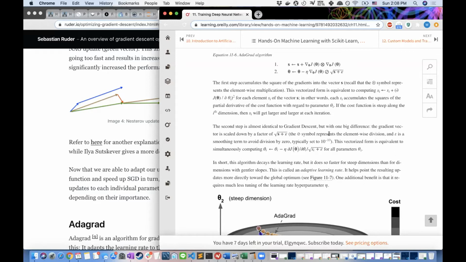I think the best way to do it is to ignore those equations and look at the one in italics where he does it element by element, the one that was just pointed to. That's the one that you use when you implement it. And it's basically the same as equation 2, but applied element by element.